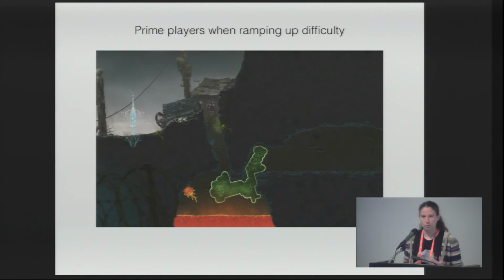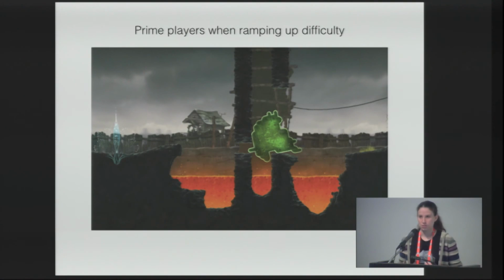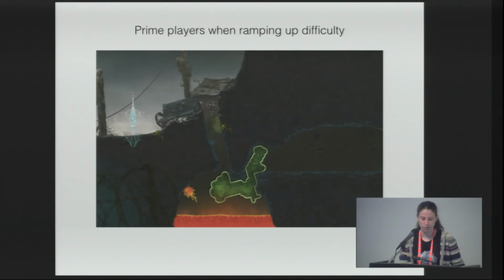So we added a very small puzzle beforehand that reinforced the idea, so they had the notion that you can do that, and by doing that, we didn't have to decrease the difficulty. We could still keep it really tough, but people knew what to do, and they would try, and most people were able to get through it fine.